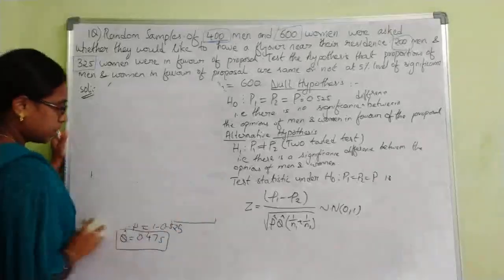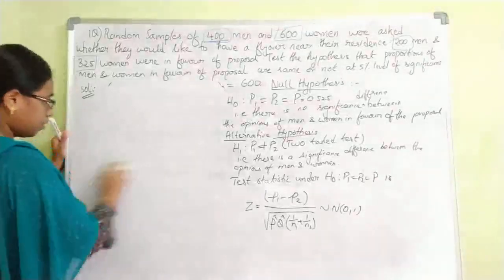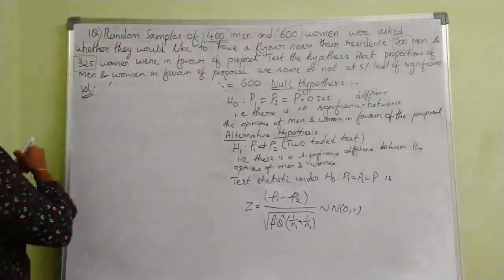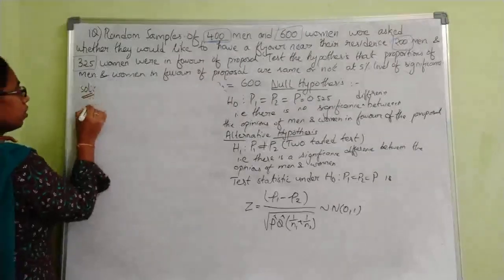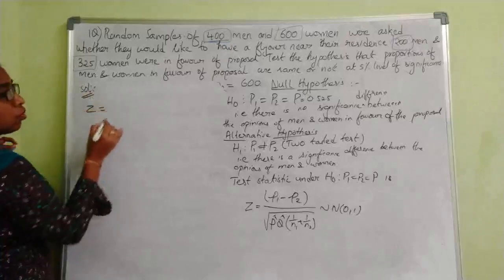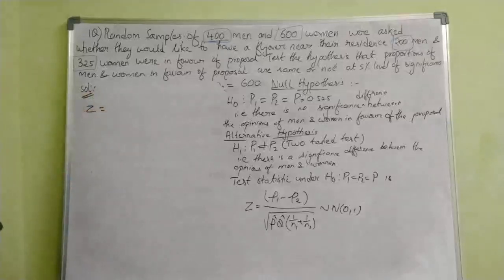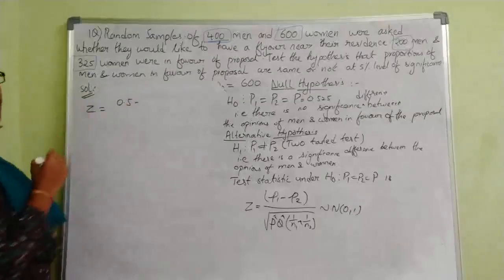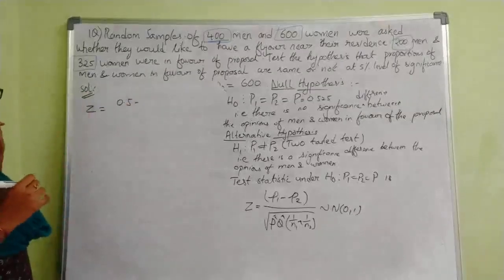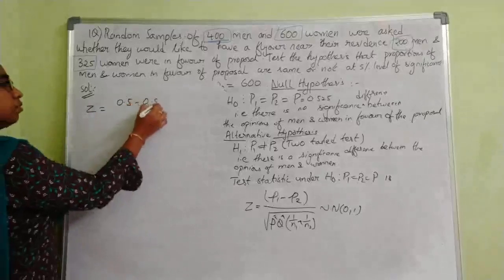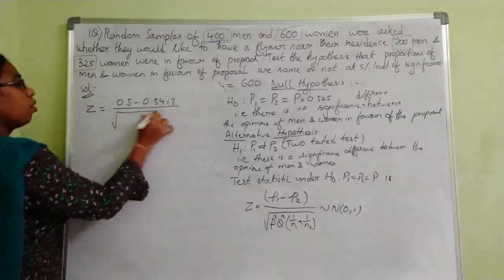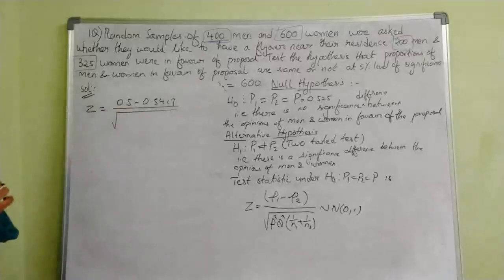Now substitute all the values. So what are the required values? Z equals to, here Z equals to, what is P1? Small p1, we got it as 0.5 minus p2, we got it as 0.5417, divided by square root of p hat value.